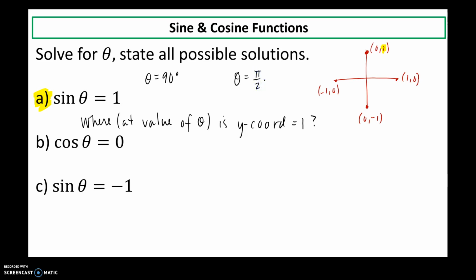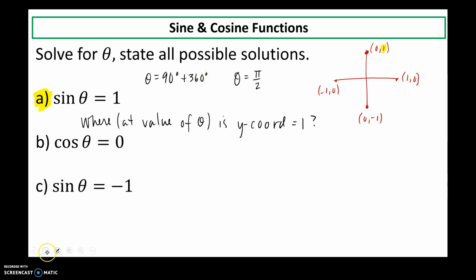But remember, we said angle measures are not unique. So if I start up here at 90 degrees and I perform any full rotation around a circle, I'll always end up here. So it would be 90 degrees plus every rotation of 360 degrees.